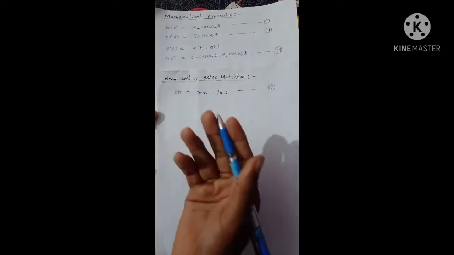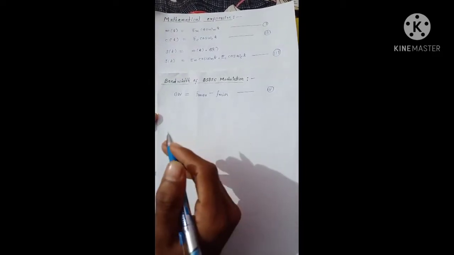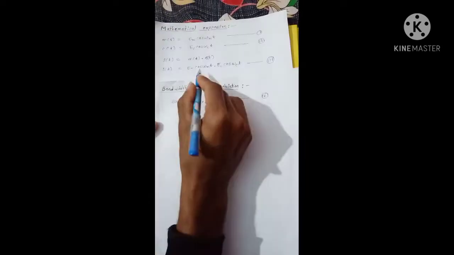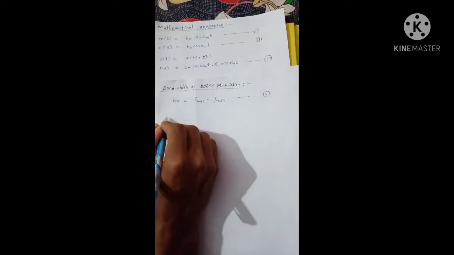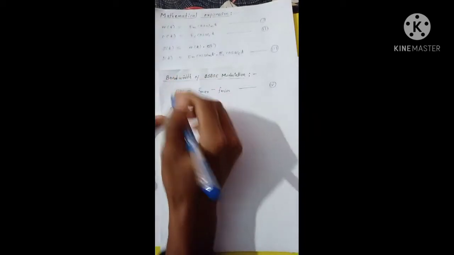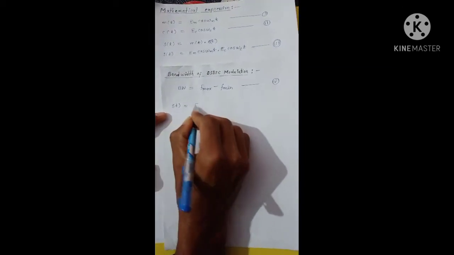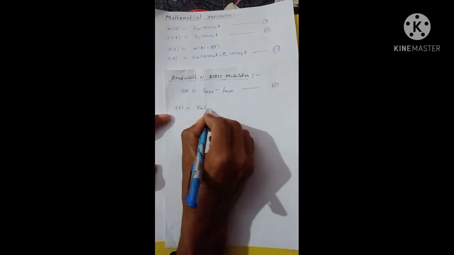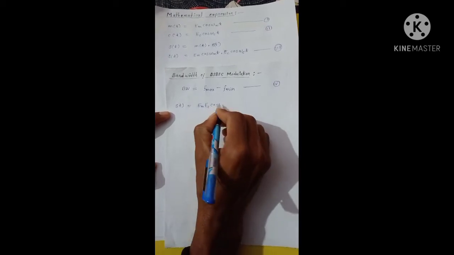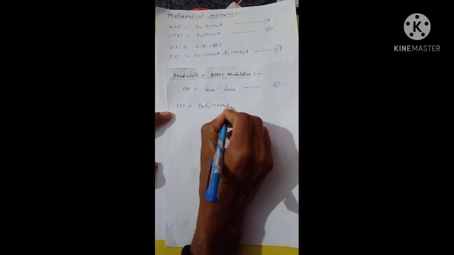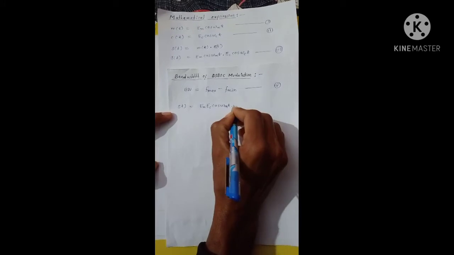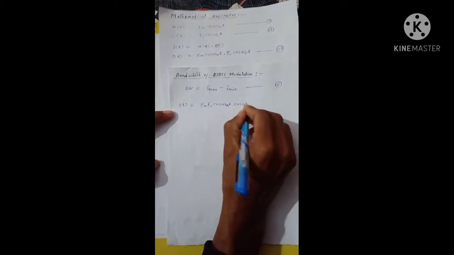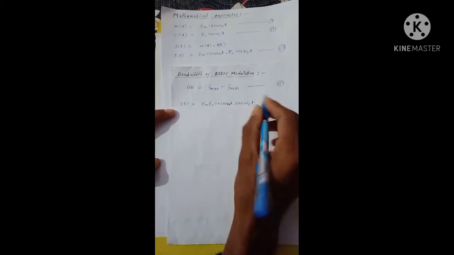Consider the equation of the modulated wave, equation number third: s(t) is equal to Em Ec cos omega m t into cos omega c t.